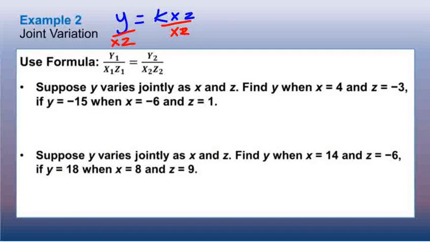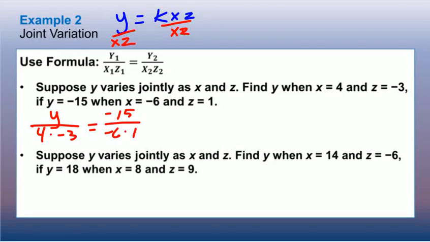And there you see how we got y divided by x, z. So y varies jointly as x and z. Find the y when x is 4 and z is -3, if y is -15 when x is -6 and z is 1.